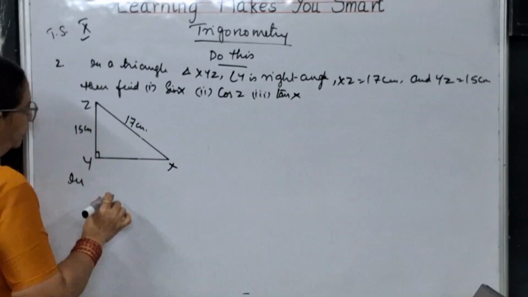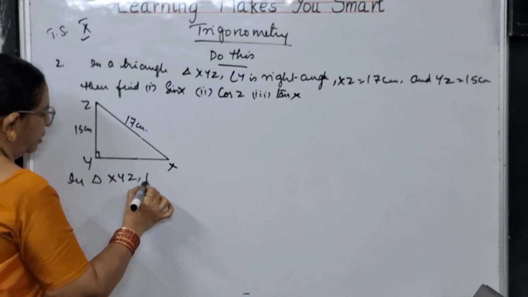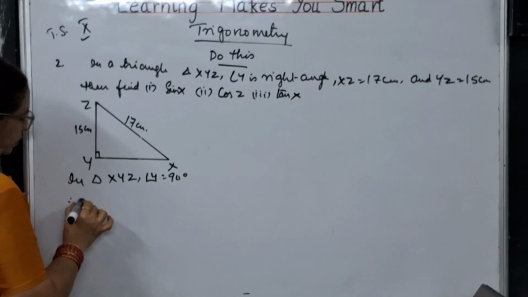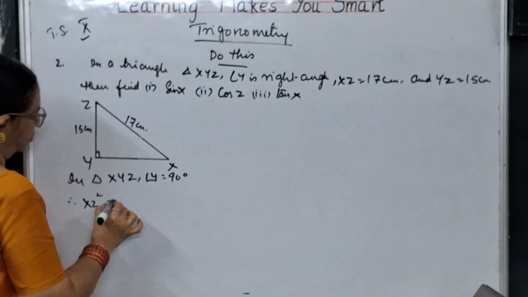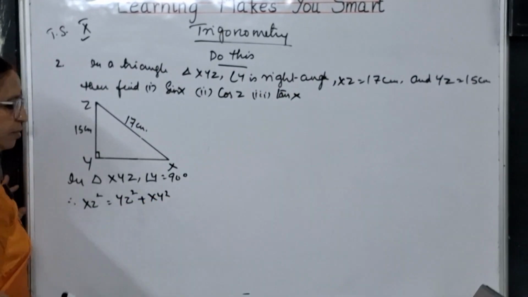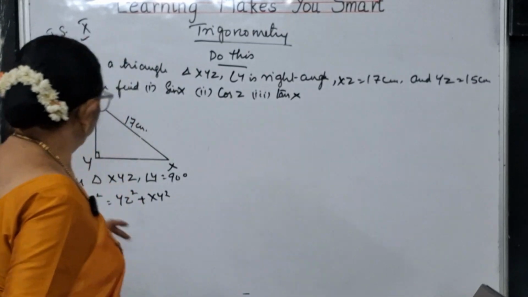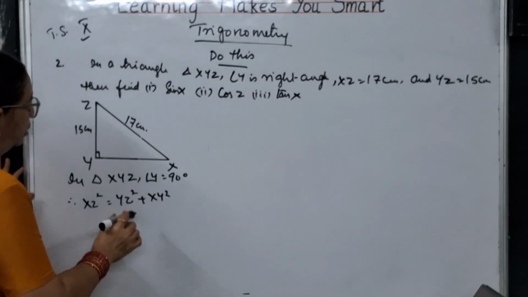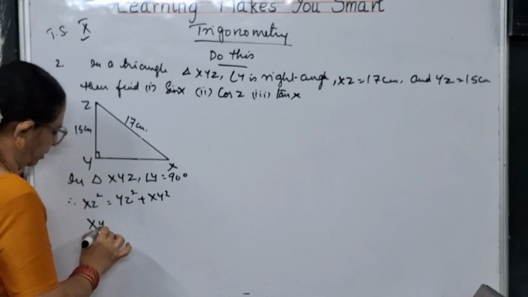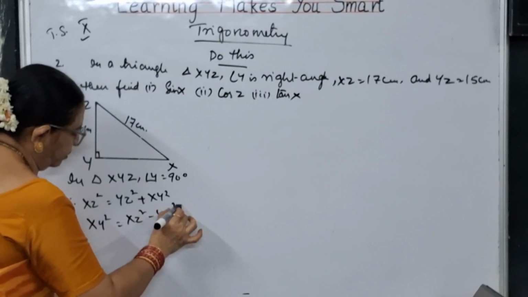So let us first find out that in triangle XYZ, angle Y is 90 degrees. Therefore, XZ square is equal to YZ square plus XY square. Okay. Now what we need to find out? We need YX or XY. So XY square is equal to XZ square minus YZ square.